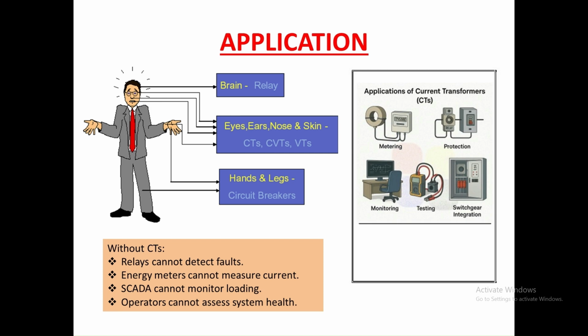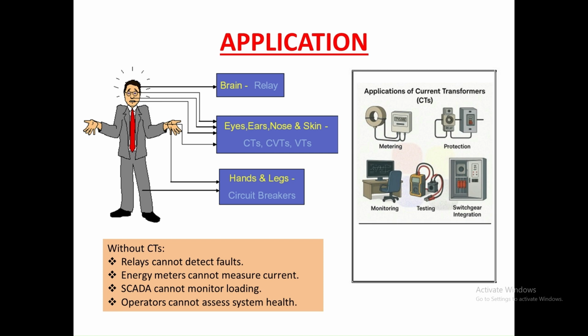Similarly, the CT, CVT, PT act as the sensors for our substation, and the values of voltage and current are being sensed. Then they are processed by the relay, whether it's normal or abnormal. Accordingly, instruction is given to the circuit breaker and the isolators for closing or opening the circuit.